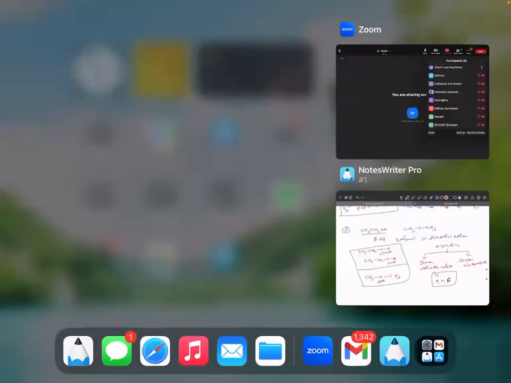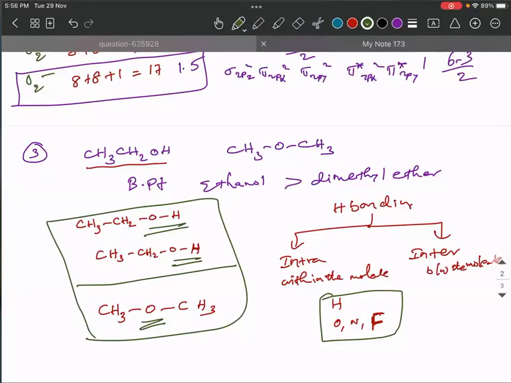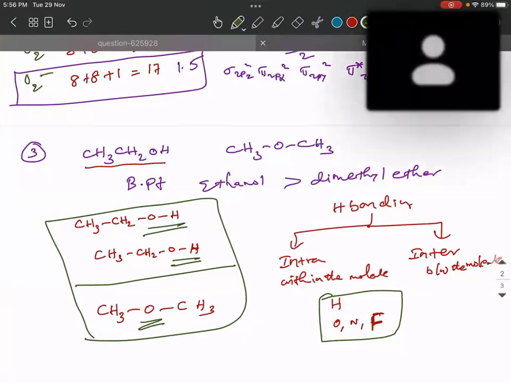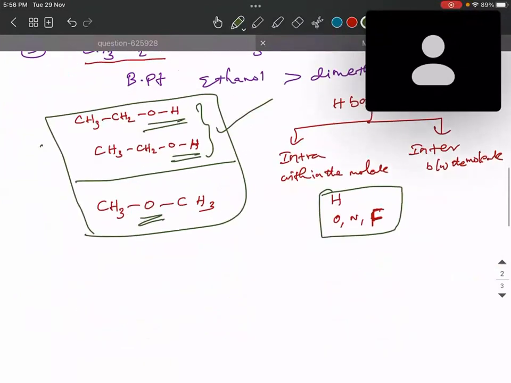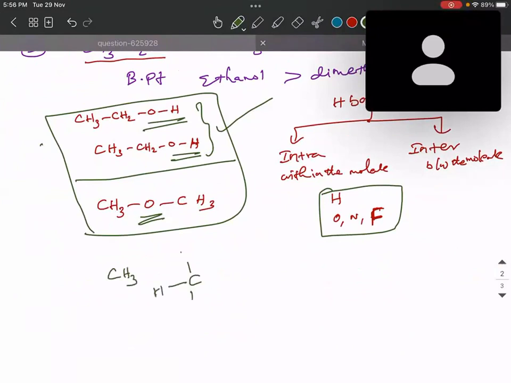So here only ethanol will form the hydrogen bond. Dimethyl ether won't form the hydrogen bond, because the carbon is attached to hydrogen, and it won't undergo hydrogen bonding.